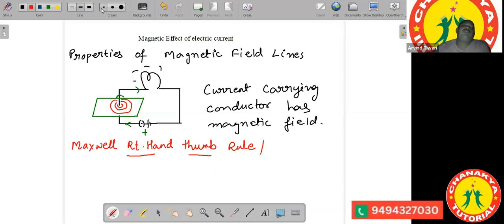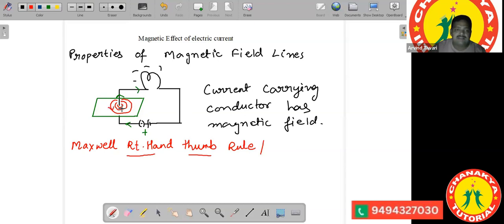So if we apply the Maxwell rule to this circuit, our thumb should point in the upward direction. And if our thumb points in the upward direction, then our folding fingers are pointing like this.